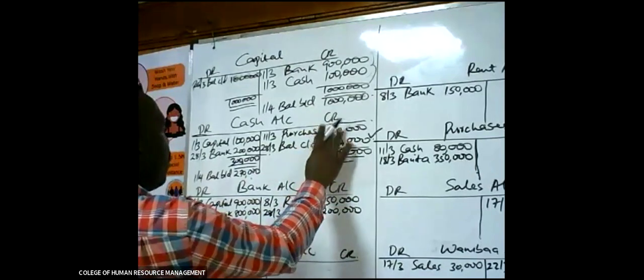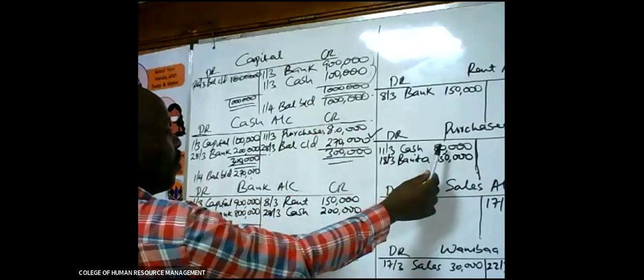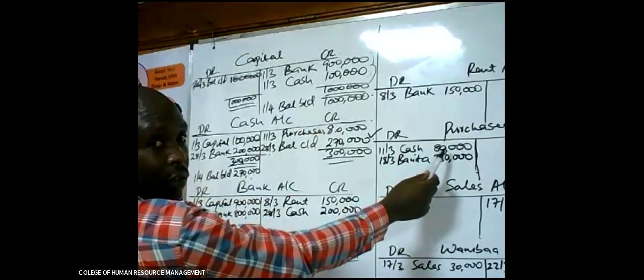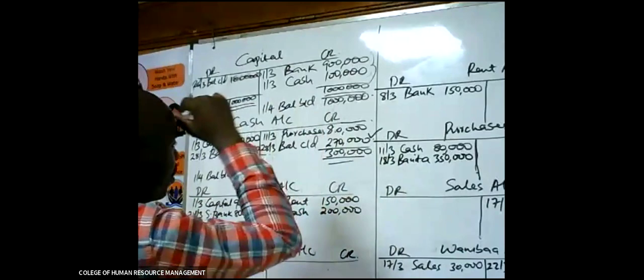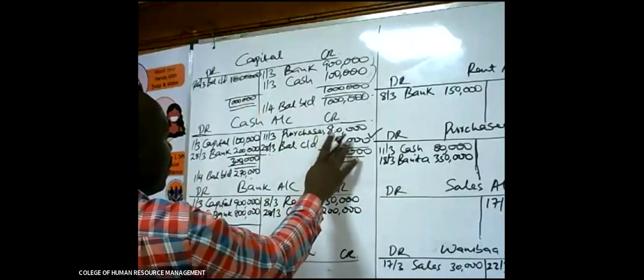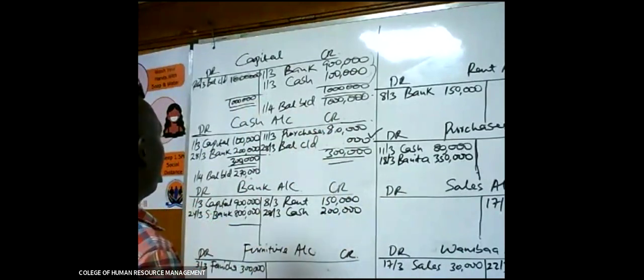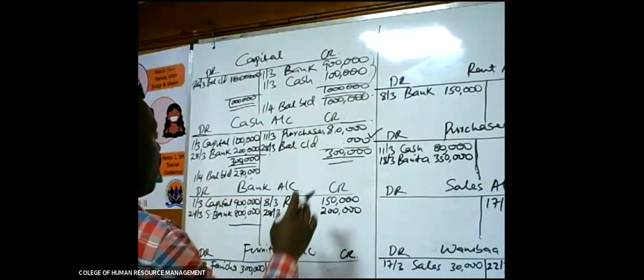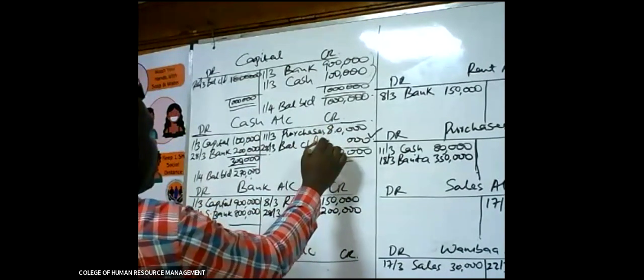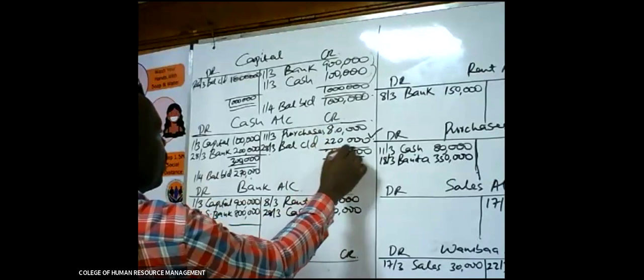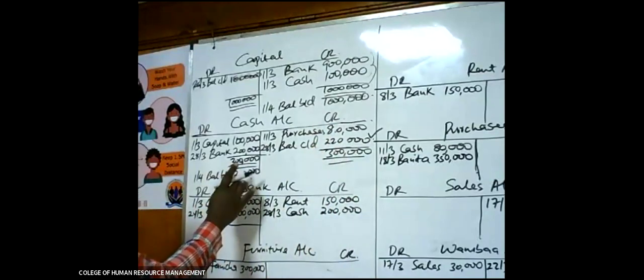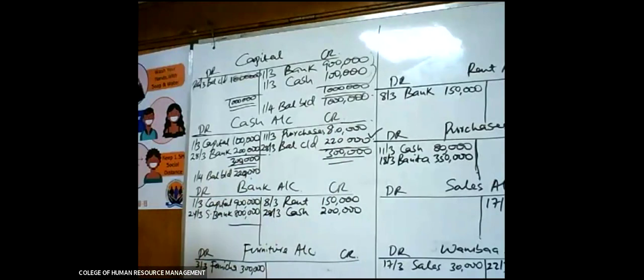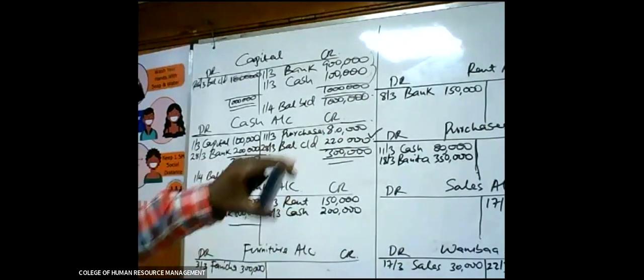It was 80, because I can see it here. So 300,000 minus 80,000 is 220,000. So the balance will be 220,000. Thank you, you are right. The balance will be 220,000 to make it 300,000.